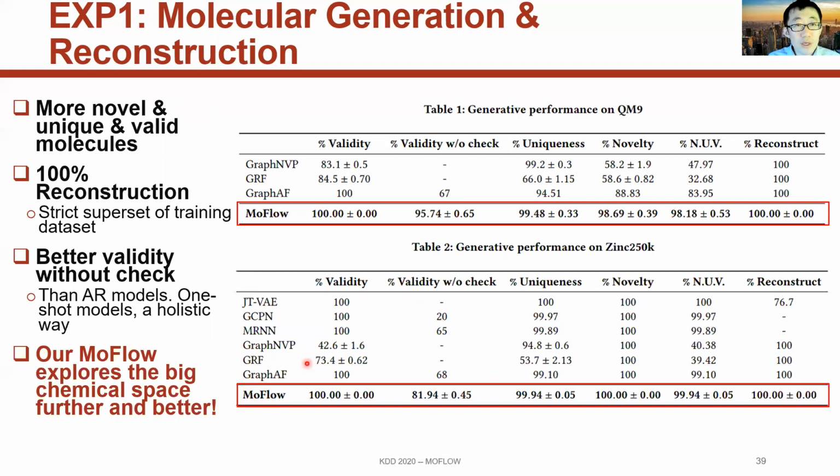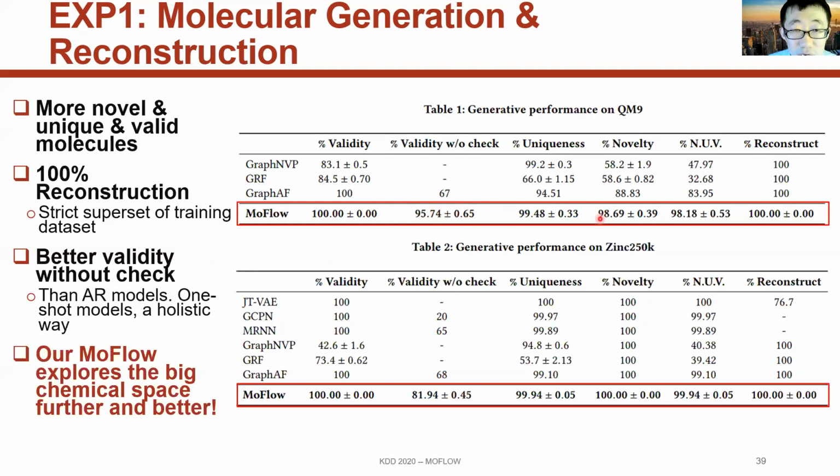Here our models are compared with all the state-of-the-art methods, for example all the flow-based models, GraphNVP, GRF, and GraphAF. Our models guarantee 100% validity. Without corrections, our models also achieve the best validity.